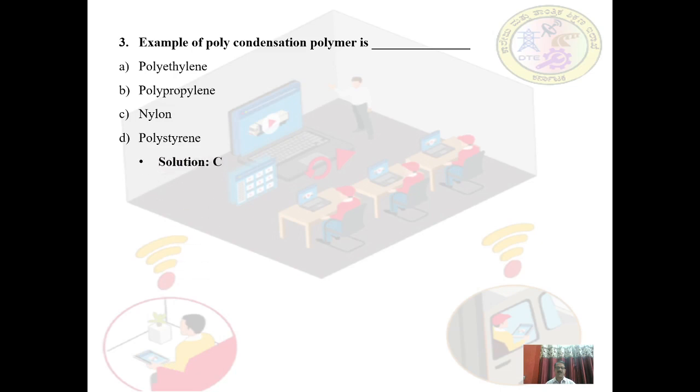In polycondensation reaction, one molecule of water or any other molecule will be obtained as a byproduct or expelled from the polymerization reaction. It happens only in nylon. Nylon is a condensation product. The other three are addition polymers, formed by the addition polymerization process.